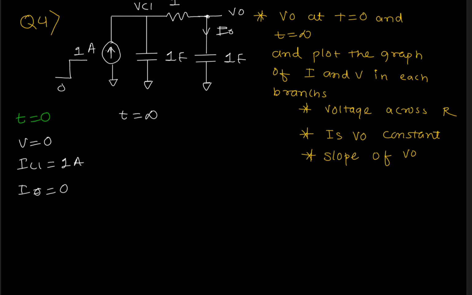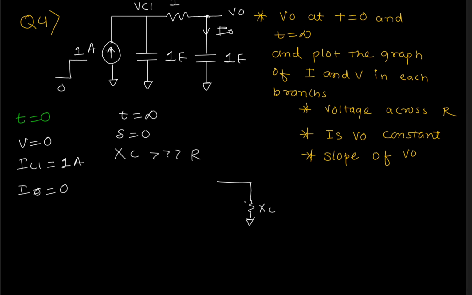Okay, and at last, what will happen at t equal to infinite, like s equal to 0, so both the capacitors, Xc is much higher than R. So what type of circuit do you get? Let's replace that.